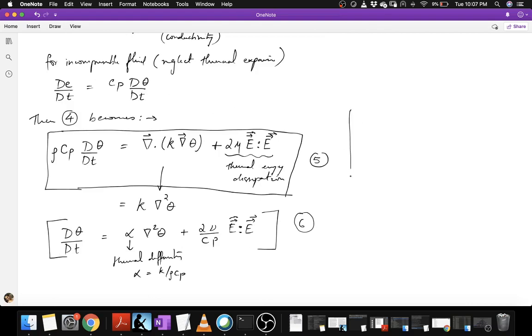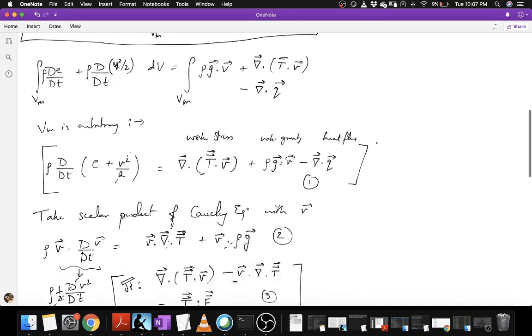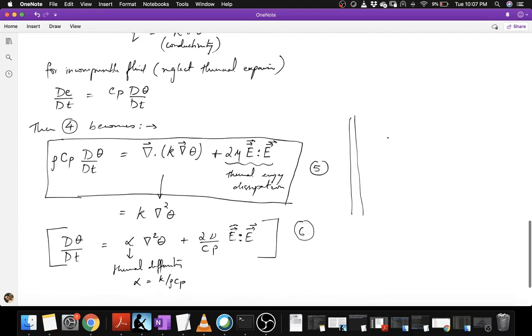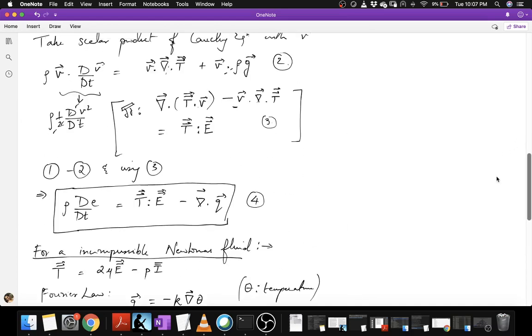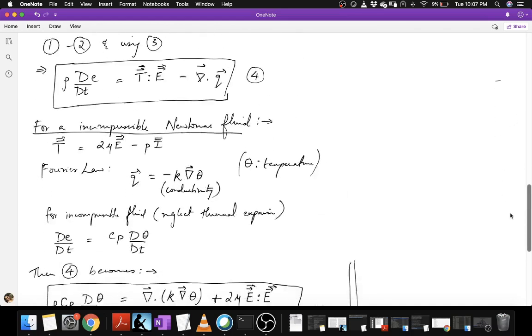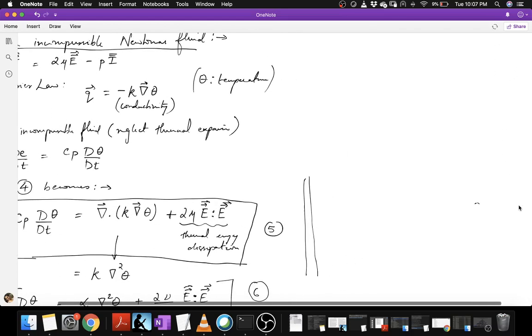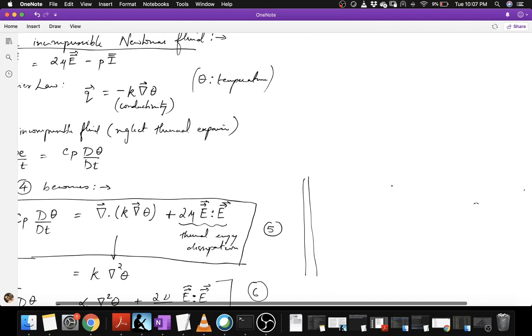Let me write it here on the side of the thermal energy equation for convenience. Sorry, my notepad is jumping around a bit.